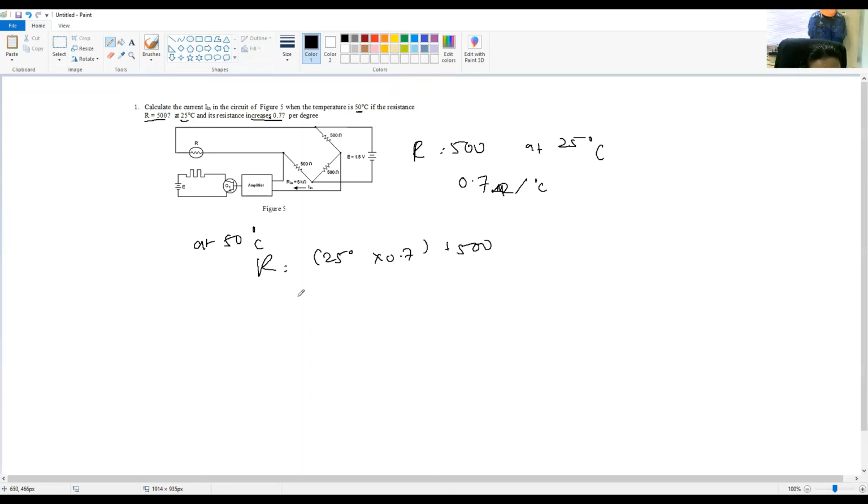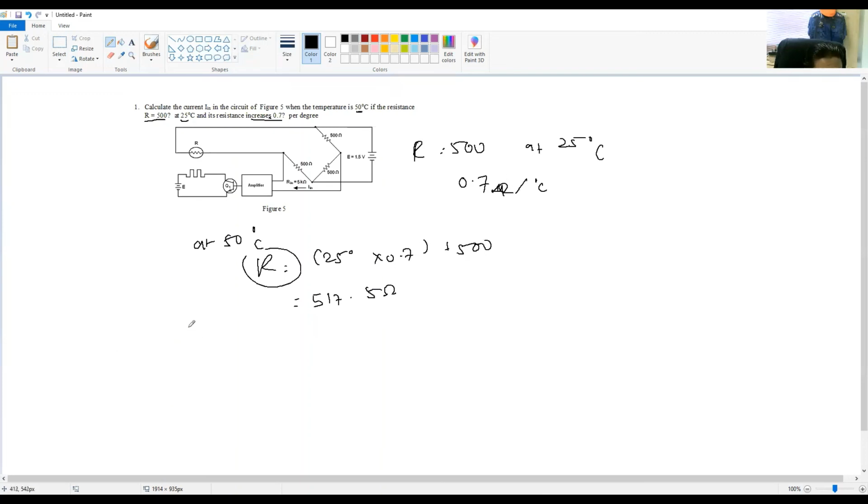So that is to calculate the resistor. So the resistor will be 570.5 ohms. The resistor will be increased because of this 0.7 ohm per Celsius.